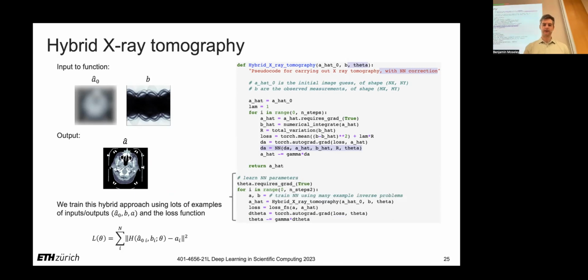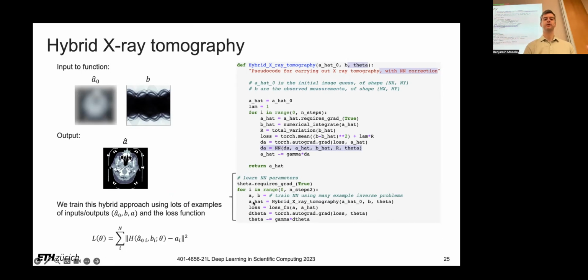So this is the final chunk of code to actually be able to learn these parameters inside this hybrid algorithm. And this is just standard code for learning theta. You just make sure theta requires gradients, so we're tracking it in PyTorch, and then we just run a standard training, an outer gradient descent scheme. So we just take a bunch of gradient descent steps where we compute the output of the hybrid function.